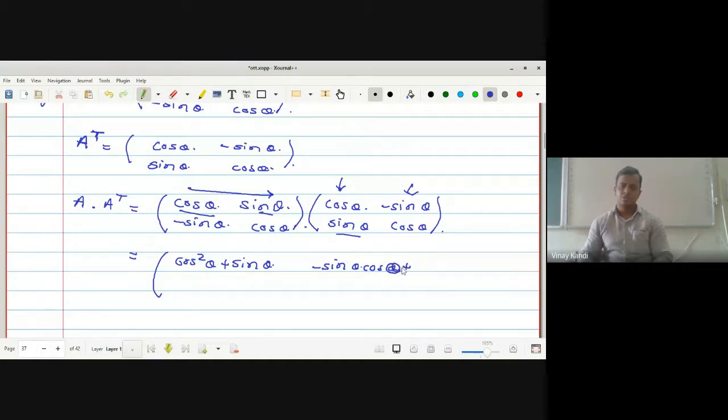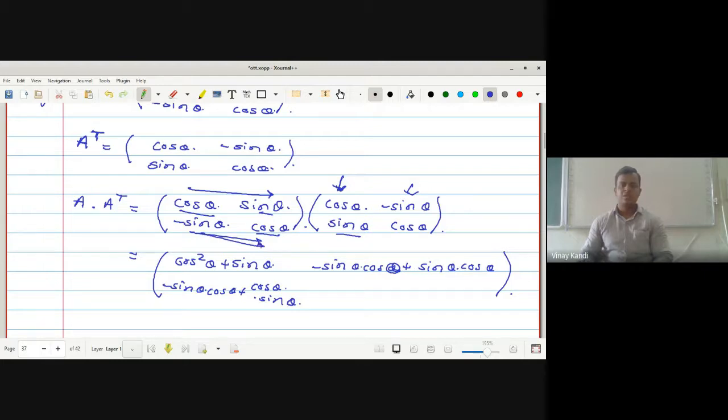Now second row with first column: minus sin theta cos theta, plus cos theta into sin theta.